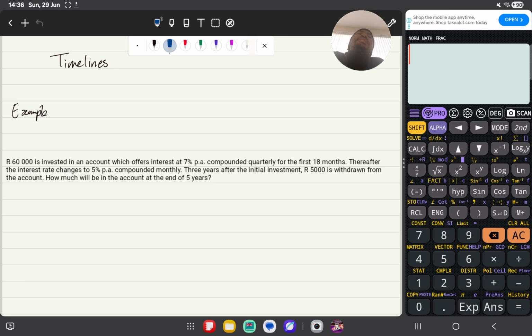And the thing is, someone can make an investment. Say I put in my 1000 rand, and then after 2 years, say I decide to increase the money that I've put there.